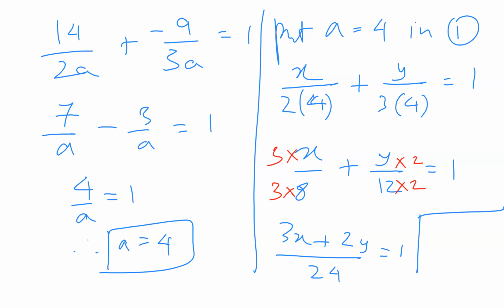Then 3x plus 2y is equal to 24. That is the equation of the line. So I guess this was question number 4.